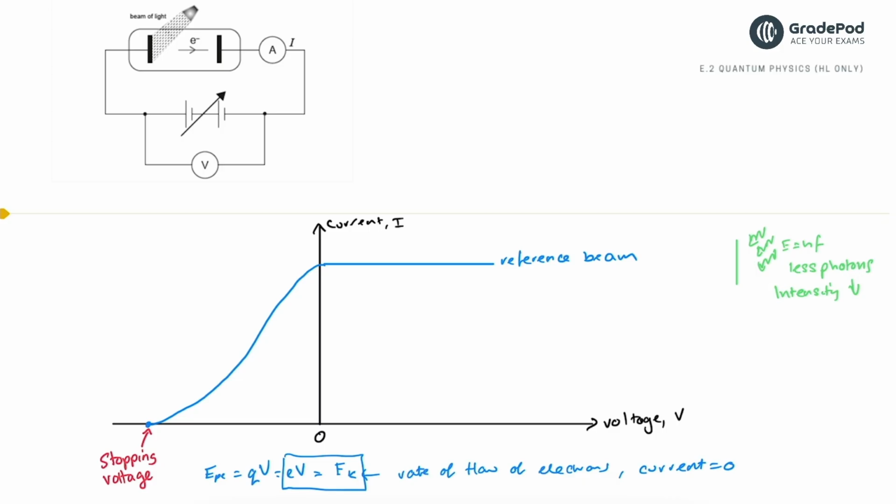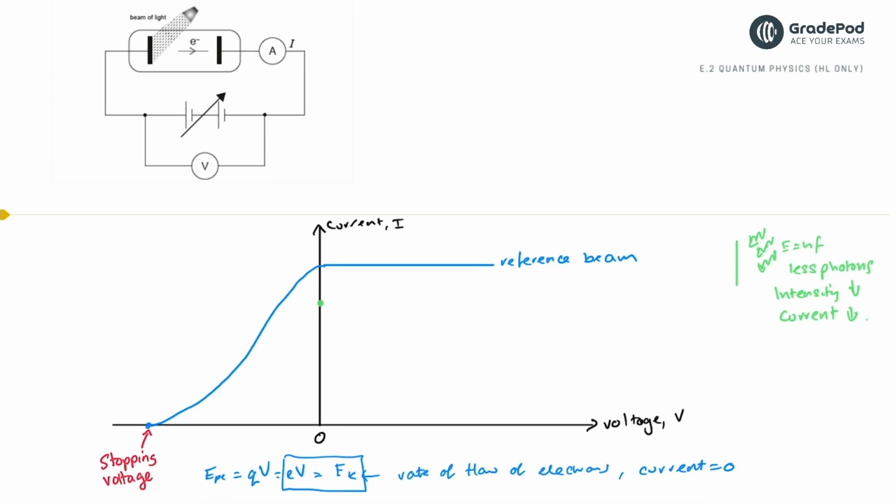And when we decrease our intensity, we decrease our current, as we saw earlier. So for this situation, where we have photons with the same frequency but fewer of them, we're going to find that the maximum current is less. However, the photons have the same energy, which means they have the same stopping voltage. So we're still going to have our end point here, but our graph is going to look slightly different. It's going to look like that.